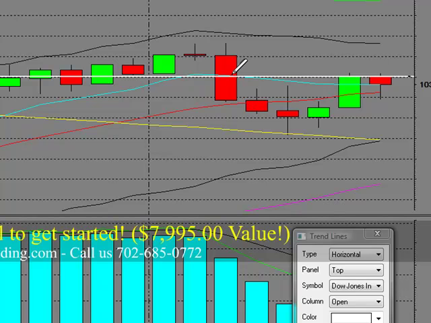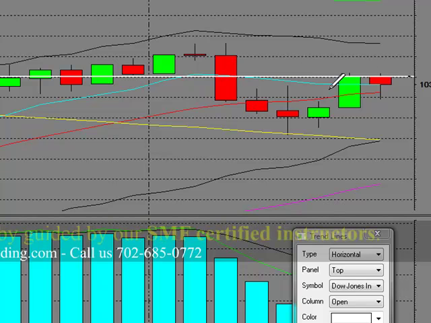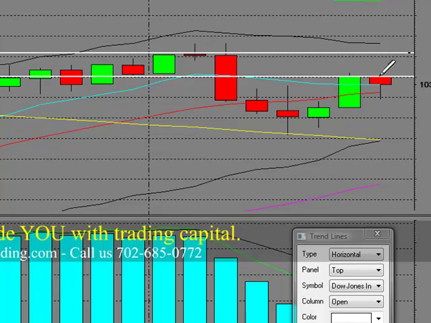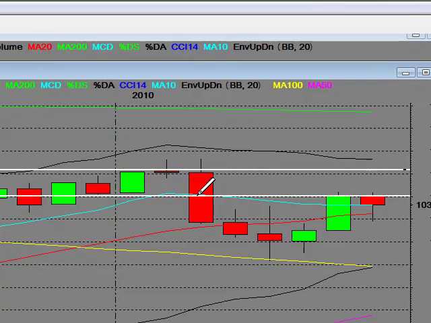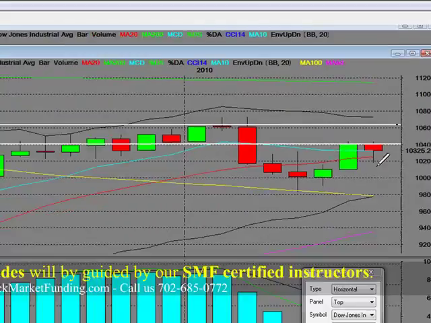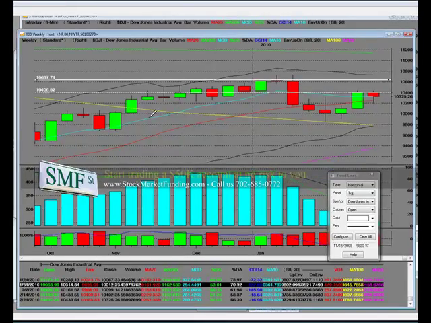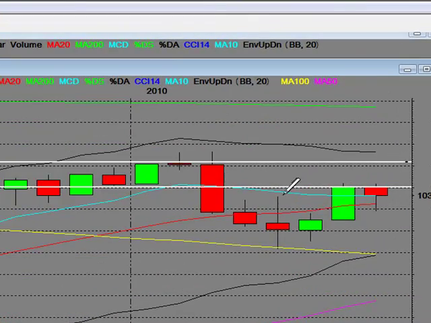Until I close above here, and I have the 10-week, we're going to need four consecutive weekly closes above it to say we're going to break the highs over here again. If we do not close at least above the SMF Weekly Pro Trader Bar for four weeks, and that 10-week blue line must turn around and go up, just as it was in any bull trend, and it's been descending.